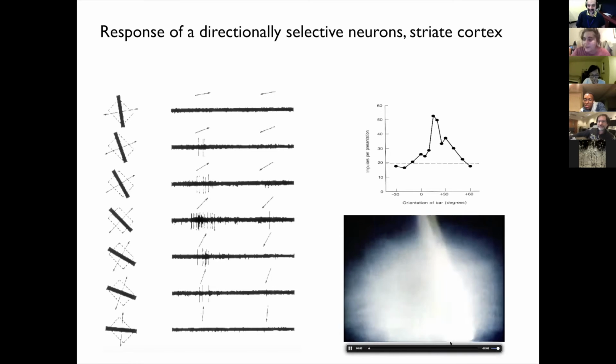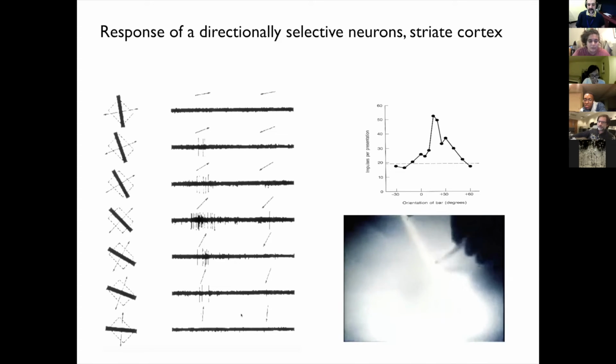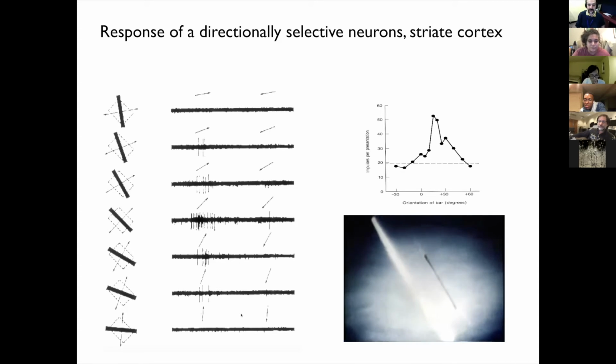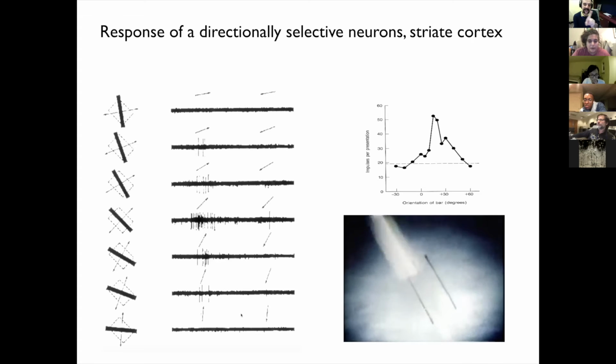So again, this is another example of an early visual cortex neuron. David Hubel and Torsten Wiesel are doing their experiments in V1, moving a bar of light and determining the boundaries of the receptive field.